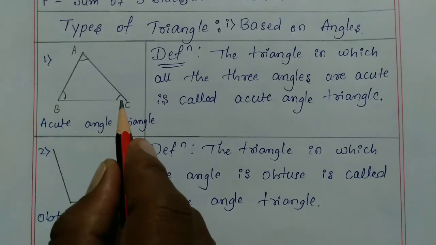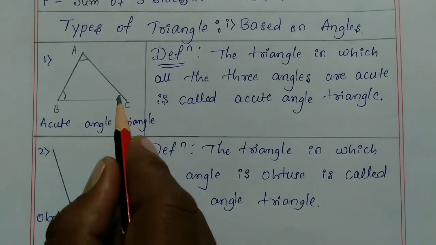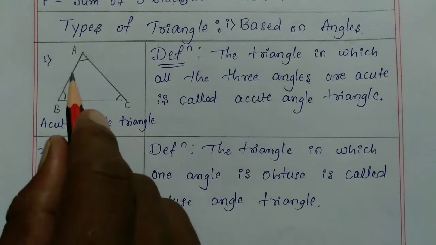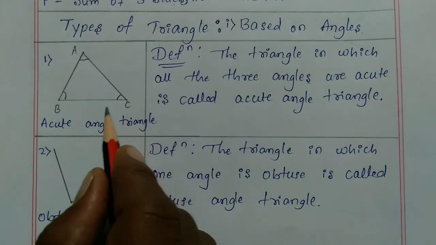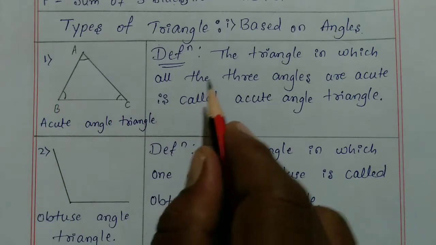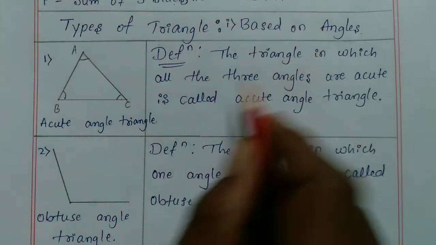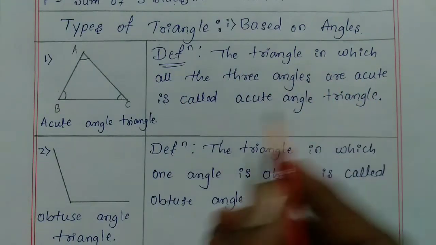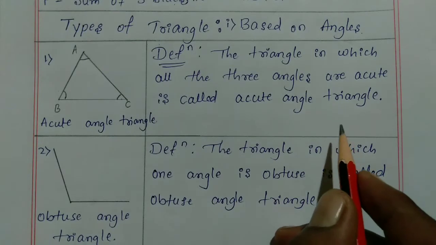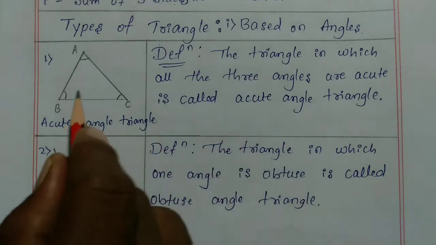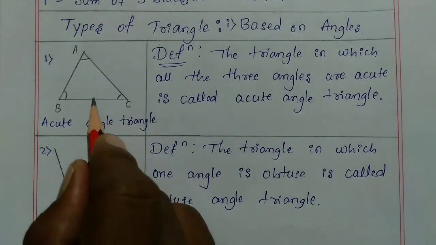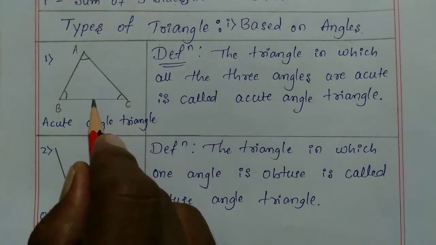A triangle which contains three acute angles is called an acute angle triangle. So the definition is: the triangle in which all three angles are acute is called an acute angle triangle. This is an example of an acute angle triangle.